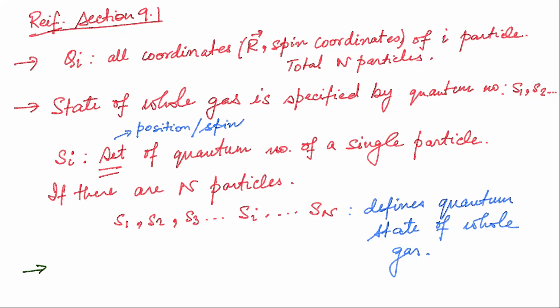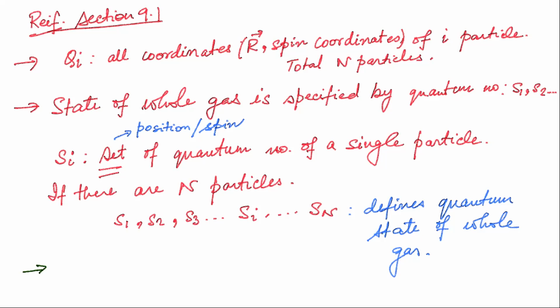What is its momentum value? That can be a quantum number. Spin state. And you have a wave function. You either specify the wave function or you specify the quantum numbers, and that will specify the quantum state of a certain particle.